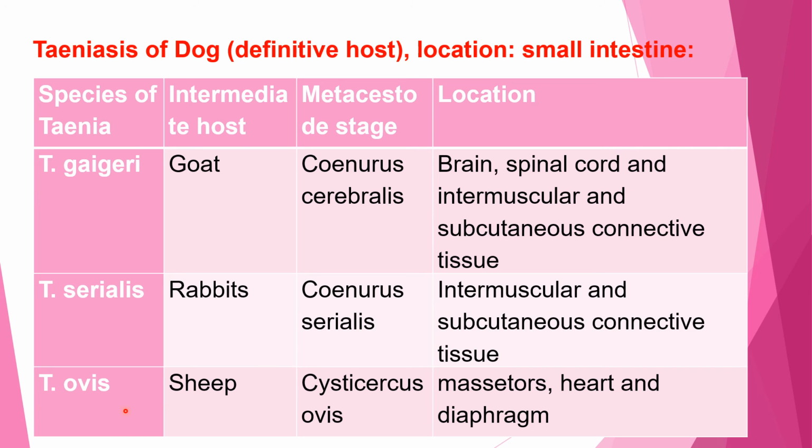Third Taenia species, Taenia ovis, intermediate host sheep. Name of the cyst, Cysticercus ovis. The cyst is found in the masseter, heart and diaphragm.